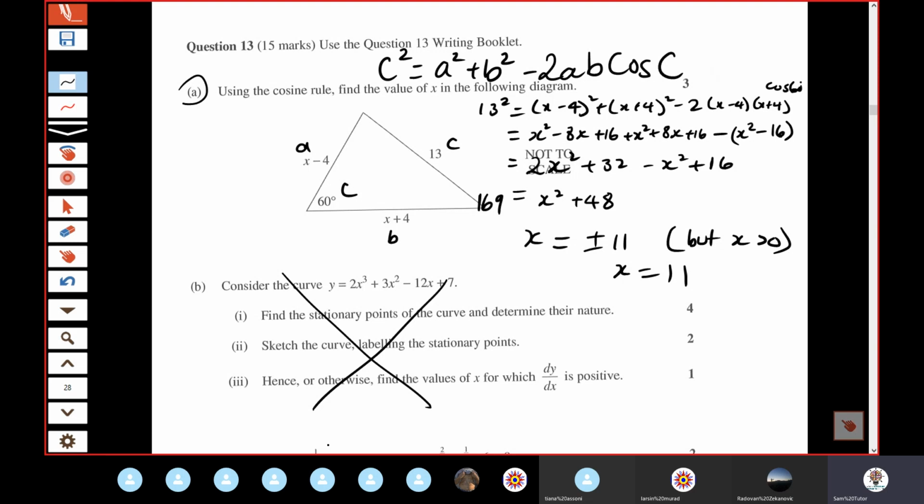Why isn't it 2x squared plus 16? I could have done it wrong. Here, this 16 plus 16? No, the minus, because it's 2ab. But then isn't cos 60 a half? Oh, wait, sorry. Half times 2 is gone. I was so confused. I was like, wait, where did the cos 60 go?